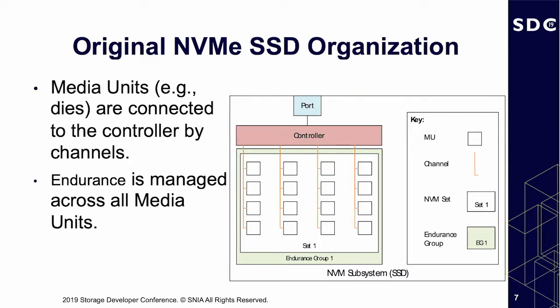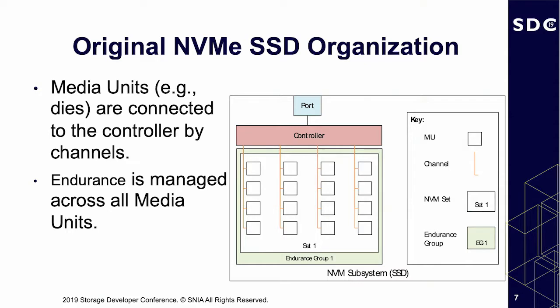IO determinism gave you the option of wear leveling on each NVM set separately, but then the host would need to wear level across sets. And this exposes the underlying media units behind and what their configuration was coming out of the factory.